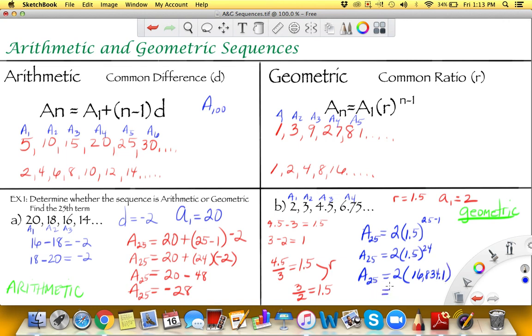Okay, so when I take that value and multiply it times 2, I'll get 33,668.2. So that means the 25th term in this sequence is 33,668.2. So this is the beginning of how to identify whether a sequence is arithmetic or geometric. Hopefully this video will be some value for someone out there in the world.